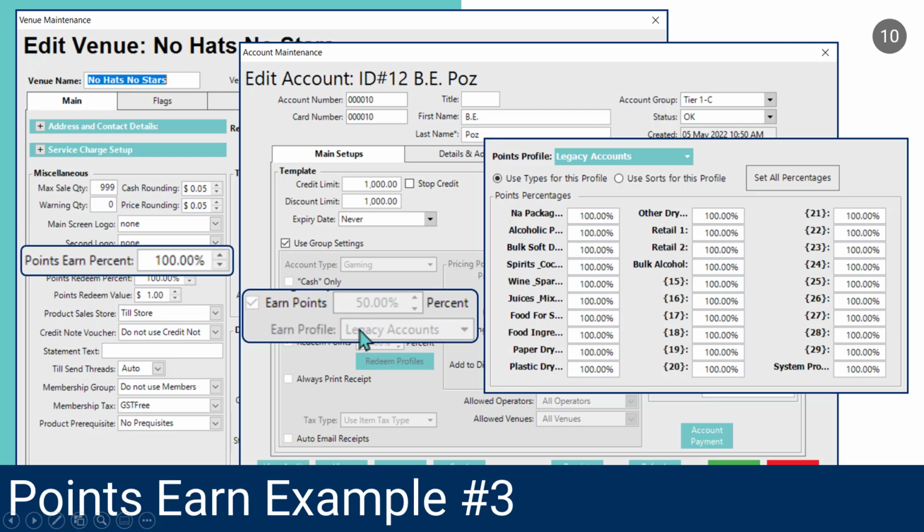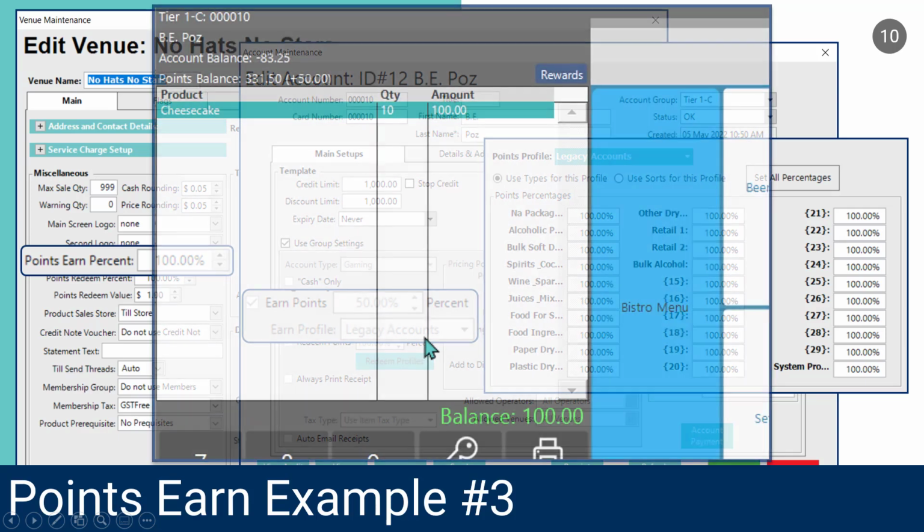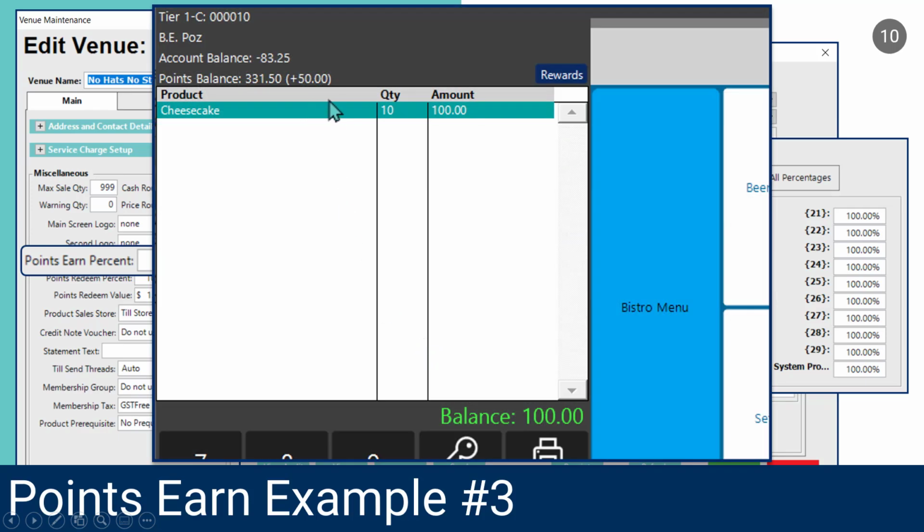So, maybe they need to then work their way up to the next tier to get 75%, and then maybe to the next one to get 100%, and so on and so forth. But for our account holder here, who's in that lower tier and does have the use group settings flag turned on, so they are only earning at 50%, now they are only going to earn 50 points for that same $100 worth of cheesecake.